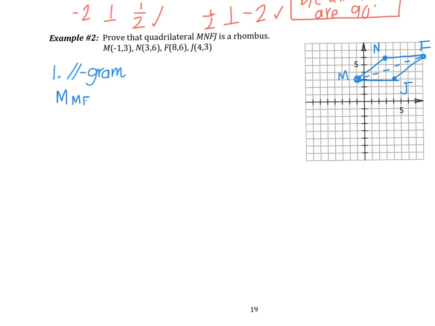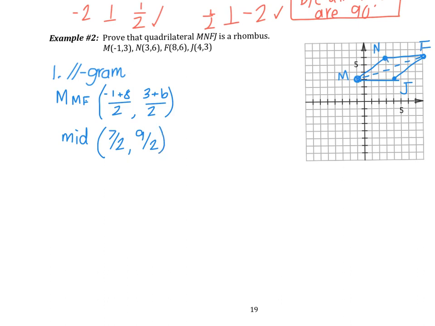Well, midpoint formula again is you add your x's. So it's going to be -1 plus 8 divided in half. Add your y's. 3 plus 6 divided by 2. So that midpoint of MF is 7 over 2, comma 9 over 2.